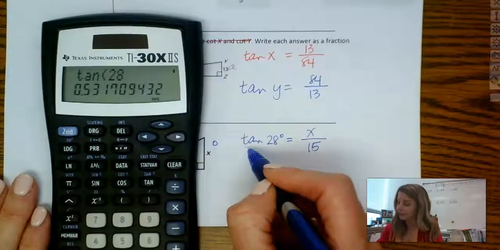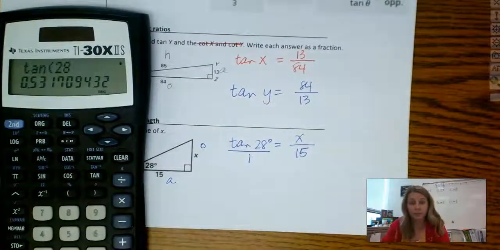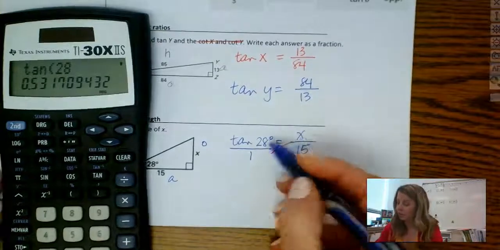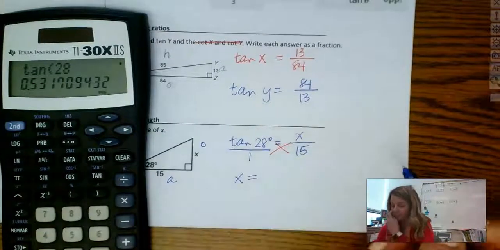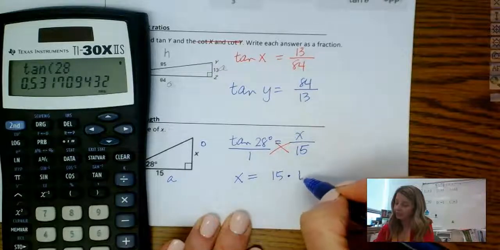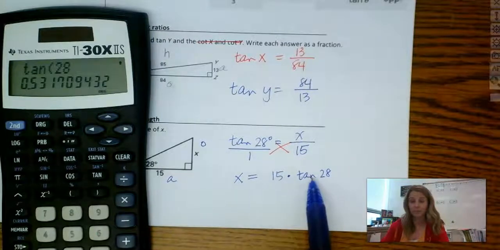One way to solve this is to create a proportion. Once I have a proportion, I can cross multiply. So 1 times x is x, and then this one is going to be 15 times the tangent of 28. A number times a number.